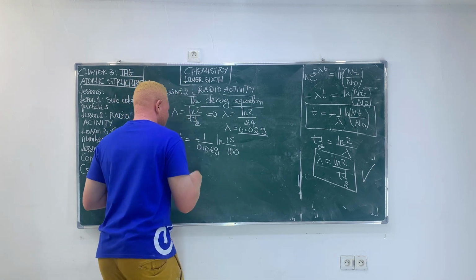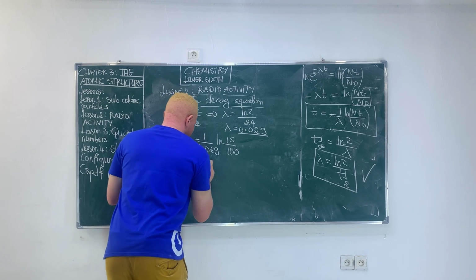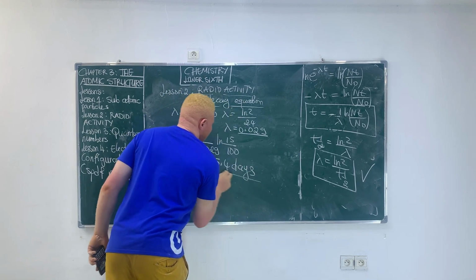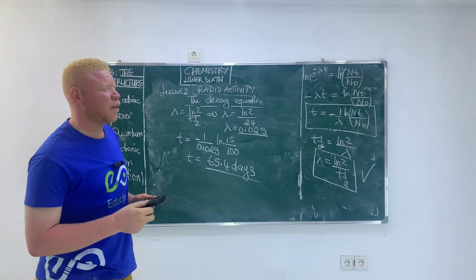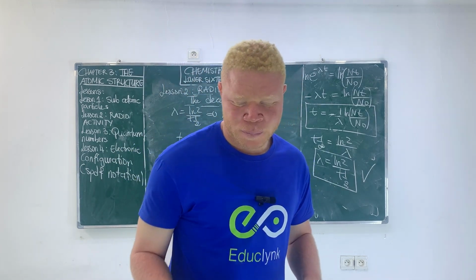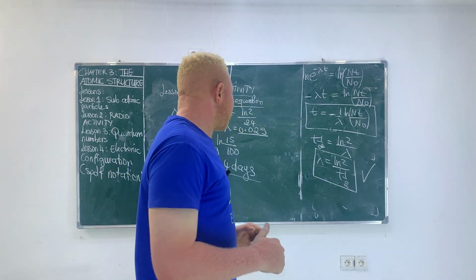So we have t equals 65.4 days. So that's the time taken for the radioactive sample to drop from 100% to 15%. I've used the decay equation.